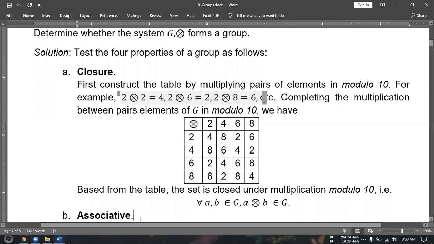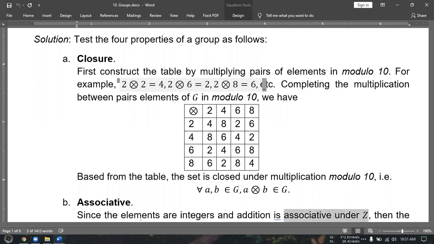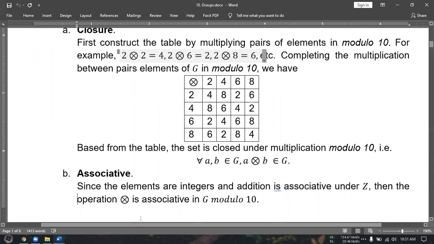Let's choose any element from the given group. Now, since the elements are integers, and multiplication is associative under the set of integers, then we can say that the multiplication is associative in G modulo 10.